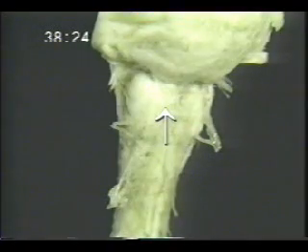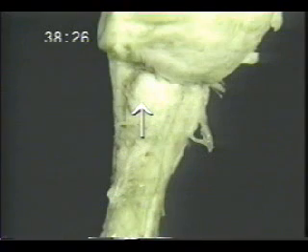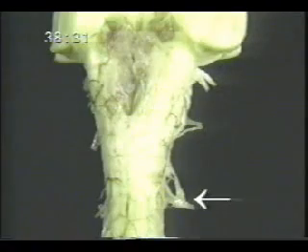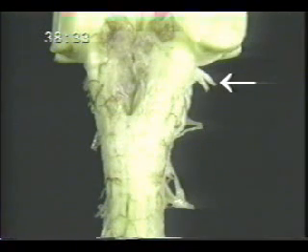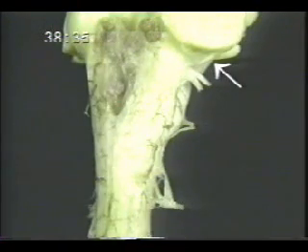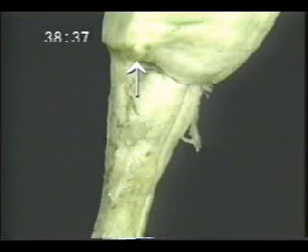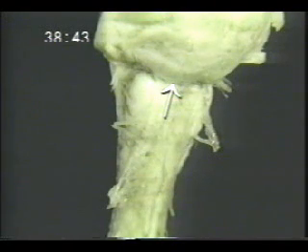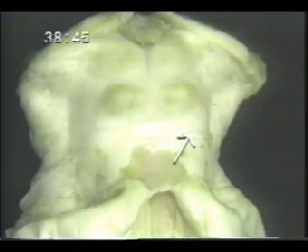Here are the pyramid and the olive. Here are the filaments of the hypoglossal, the cranial part of the accessory, the vagus, and the glossopharyngeal nerves. The vestibulocochlear and facial nerves, the abducent nerve, and the trochlear nerve.